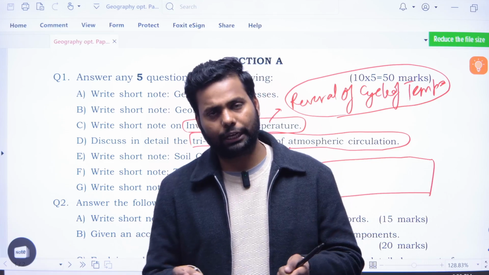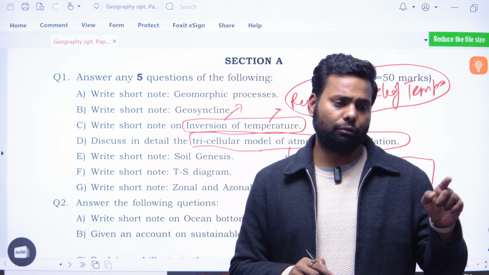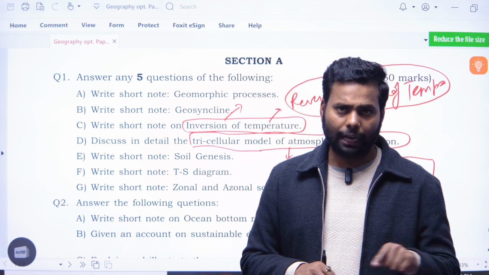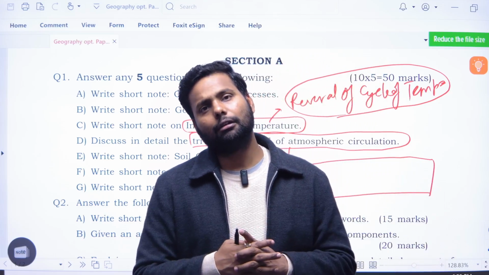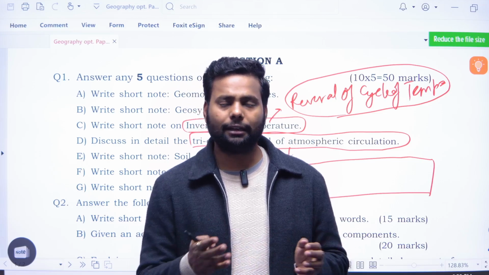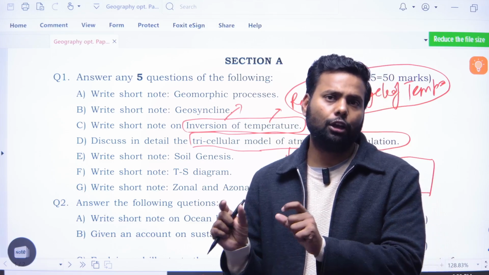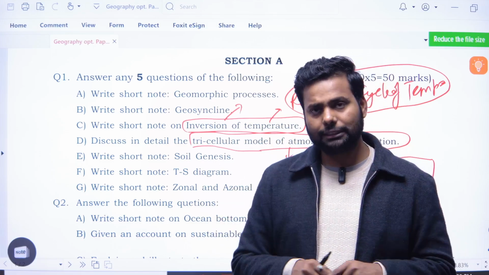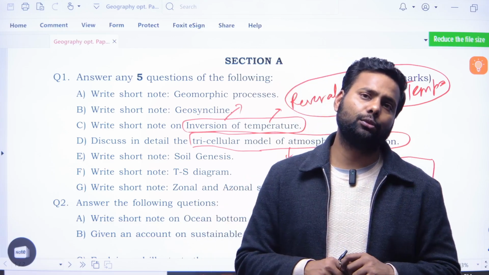And we all know that one limb of the subtropical high pressure and one limb of the polar high pressure meet, and because of thermal contrast there is frontogenesis, and it leads to the development of the subpolar low pressure belt, and this cycle is known as the Ferrel cell, and the other cycle is known as the polar cell.